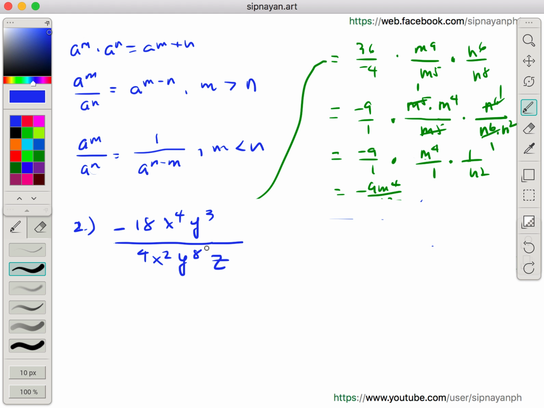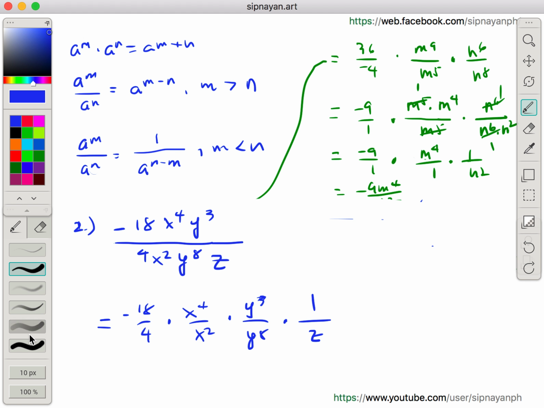Paano ginagawa natin pag ganyan? I-discuss natin. So, i-separate natin, magiging negative 18 over 4 times x to the 4th over x squared times y cubed over y to the 8th power times z. Nasa ilalim yung z pag wala siyang kapare, so lagyan lang natin siya ng 1.